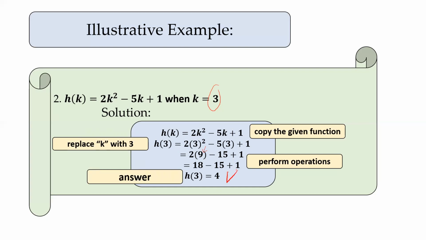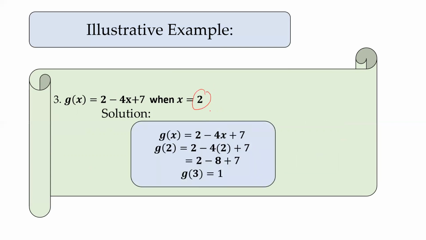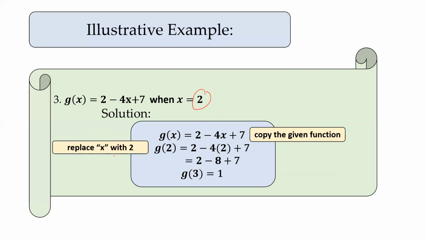All right, let's proceed to our next example. g of x is equal to 2 minus 4x plus 7 when x is equal to 2. The replacement value of x is 2. Therefore, the solution will be like this. First, copy the given function, g of x is equal to 2 minus 4x plus 7. Now, we replace the x with 2.